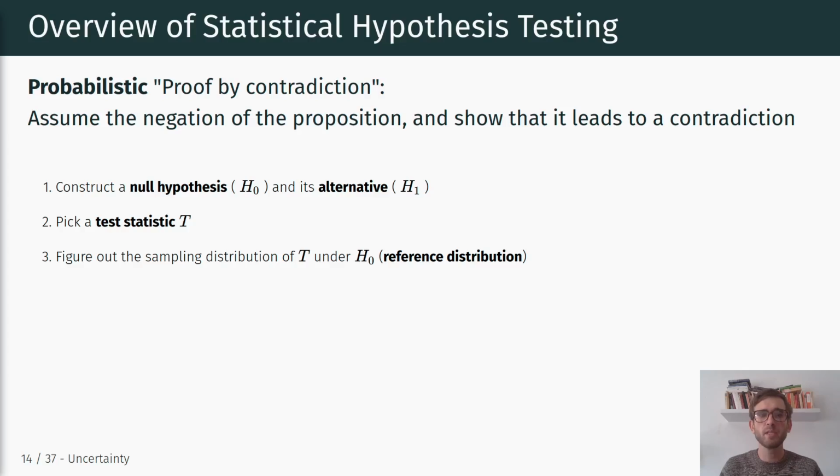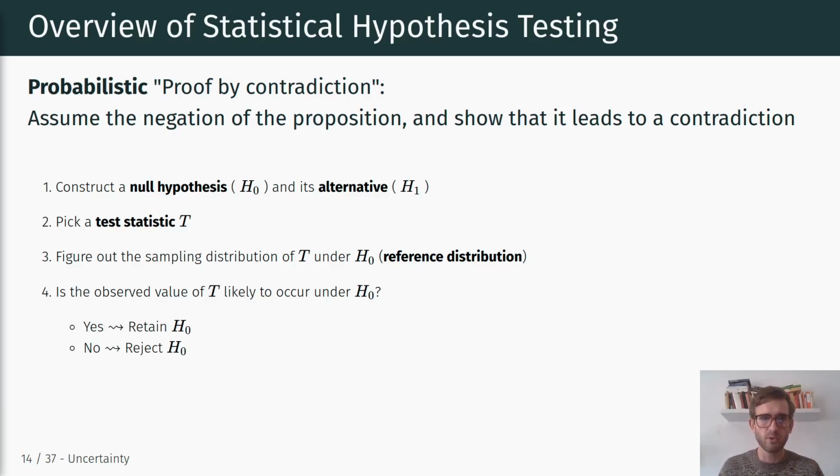So we're assuming the null hypothesis is true, and then we're specifying the sampling distribution of T under the null hypothesis, and then examining, ultimately, lastly, whether the observed value of T that we have for our individual sample that we collected was likely to occur under the assumption that the null hypothesis was true, okay? And that's this probabilistic proof by contradiction.